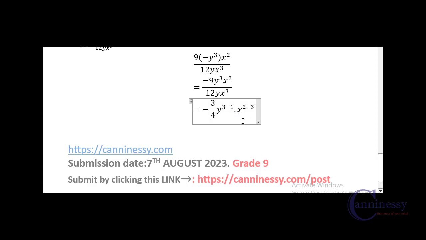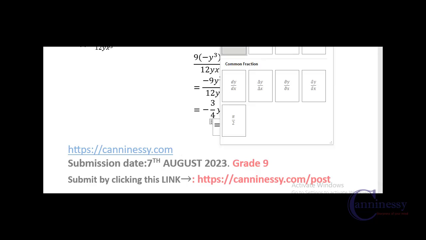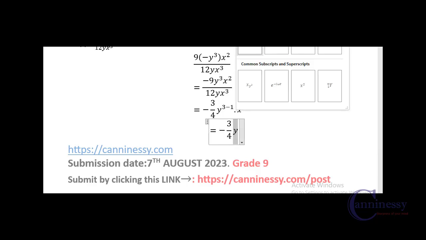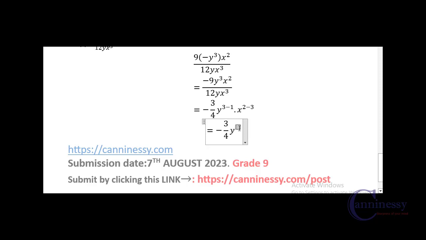Okay, so here is equal to negative 3 over 4, y to the exponent 2, x to the exponent negative 1.